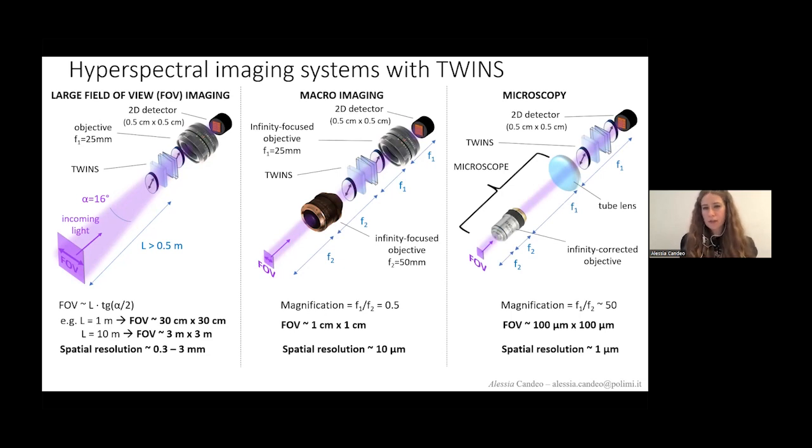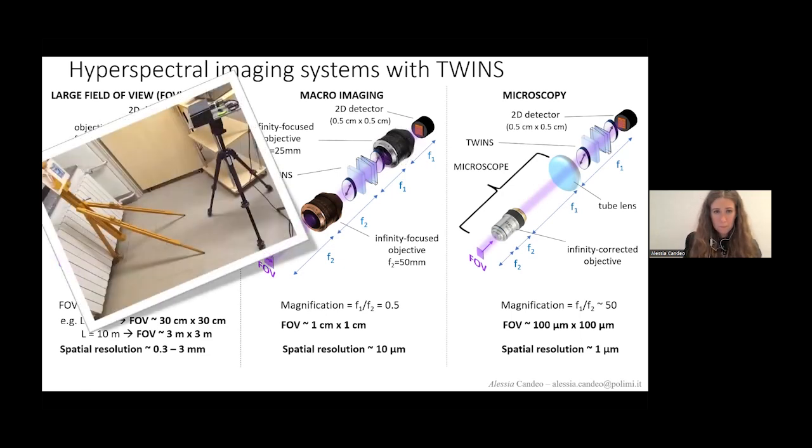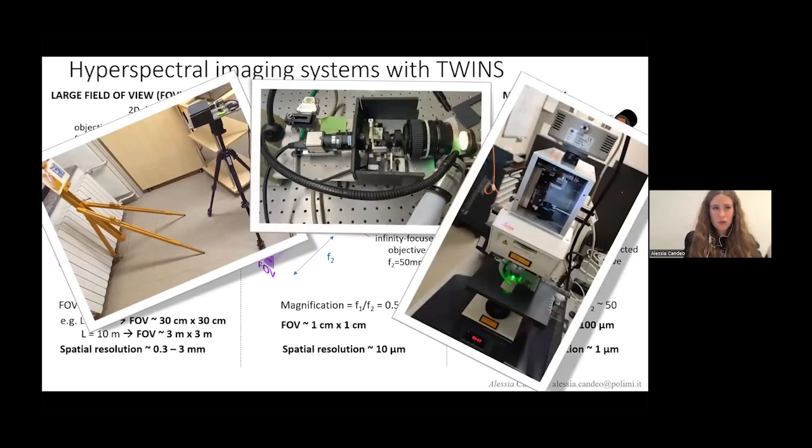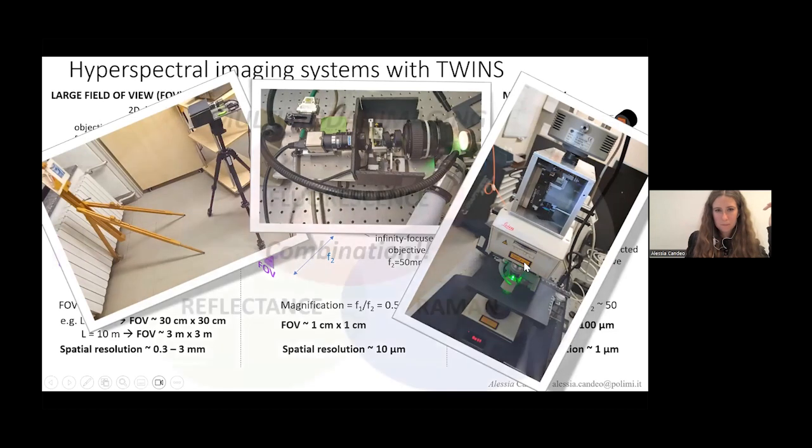In this case, of course, the field of view is given by the objective lens being used, and the spatial resolution is preserved. These are the different implementations of our hyperspectral camera. You can see that we can use it for large field of view in a macro configuration and on a standard commercial system.